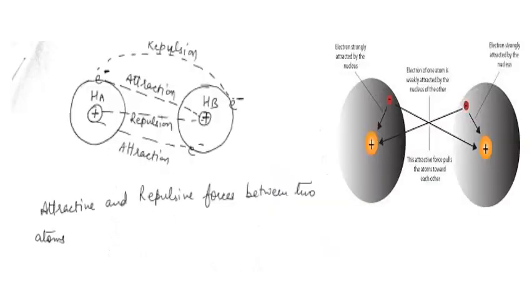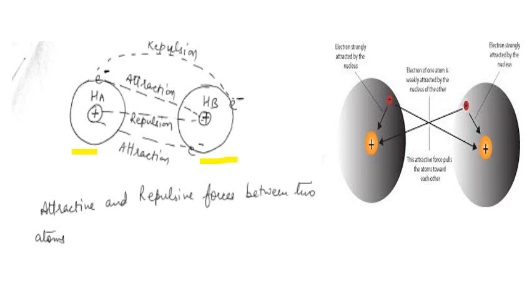So in the hydrogen molecule, when Ha, that is the atomic orbital of one of the hydrogen atoms, and Hb, the other atomic orbital of the hydrogen atom, come close to one another, various attractive and repulsive forces act on it.